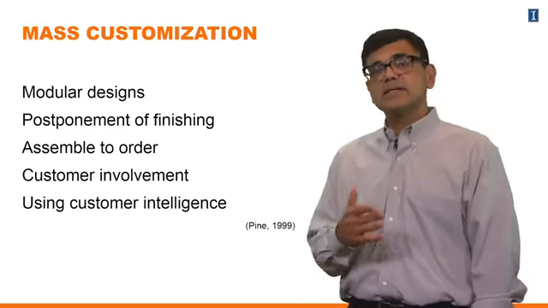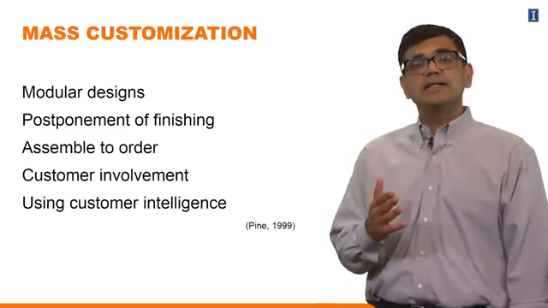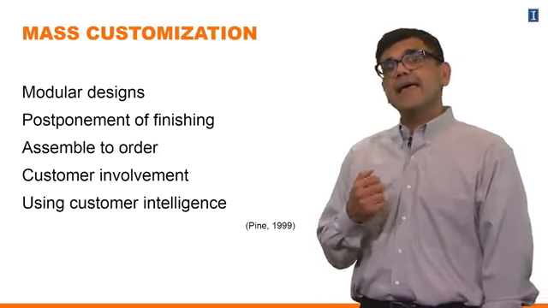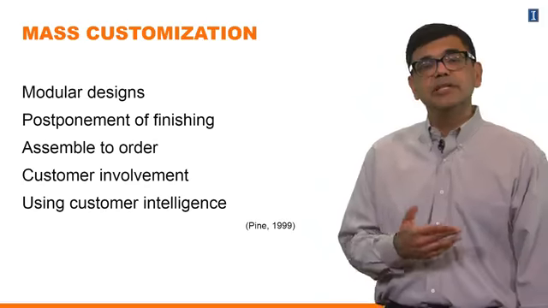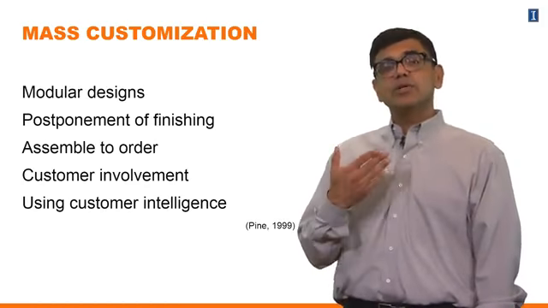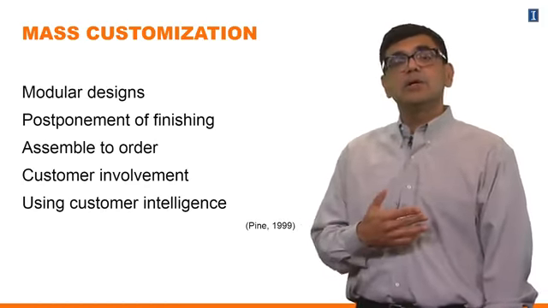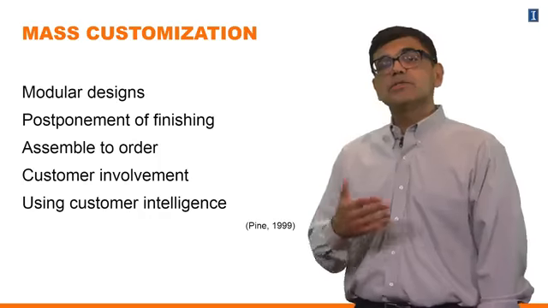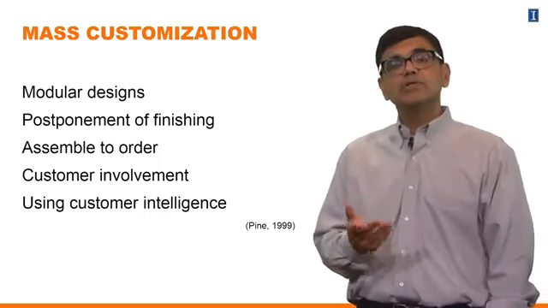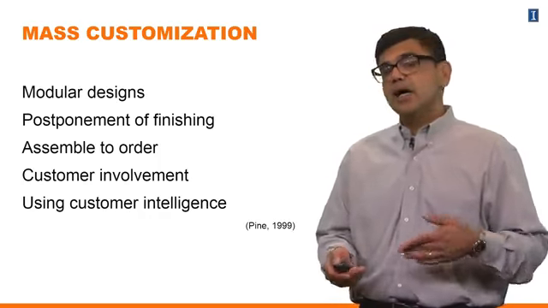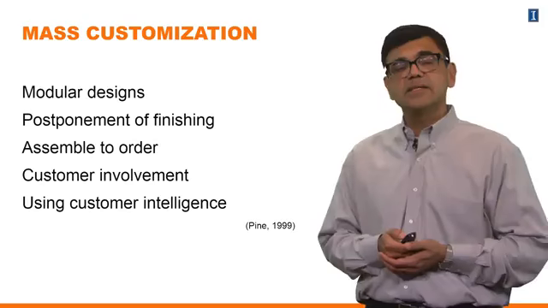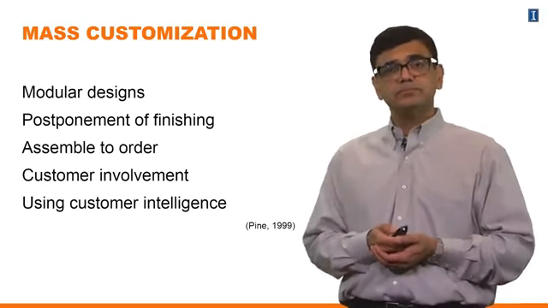Smart Cars is a collaboration between Swatch watches and the Mercedes car company, and they have very modular designs which lets customers choose what kind of combinations they want in their car, so they are able to deliver different combinations based on modular designs for the fender, for the roof, and for different aspects of the exterior as well as the interior.